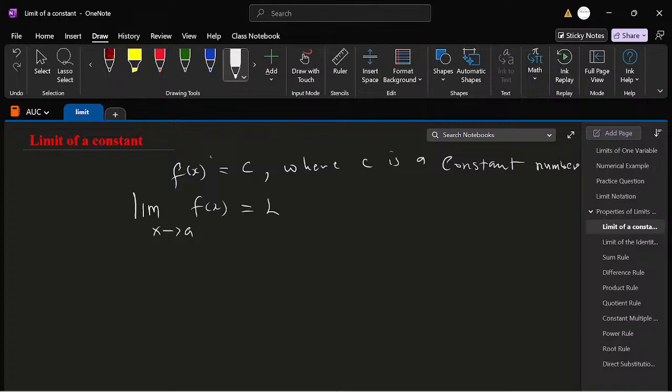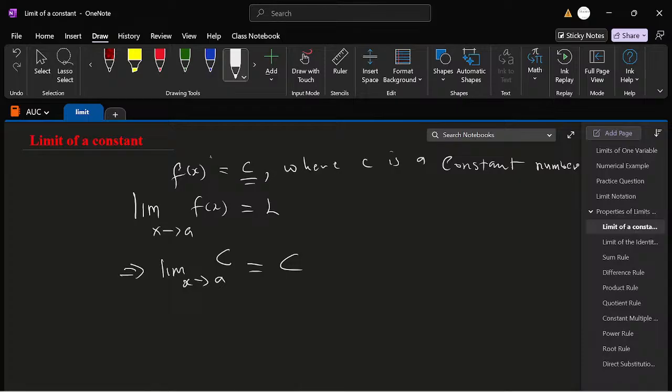So now let's substitute the value of f of x, which is the constant. So it implies the limit as x approaches a of c will be equal to c. So this is the first property of a limit.